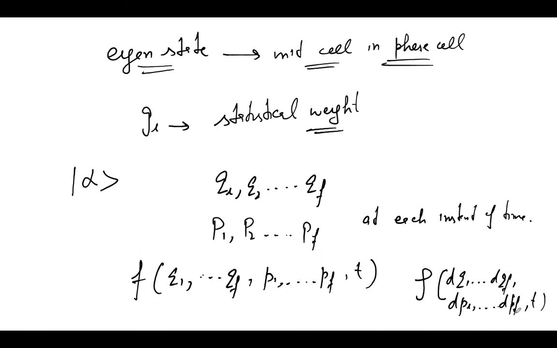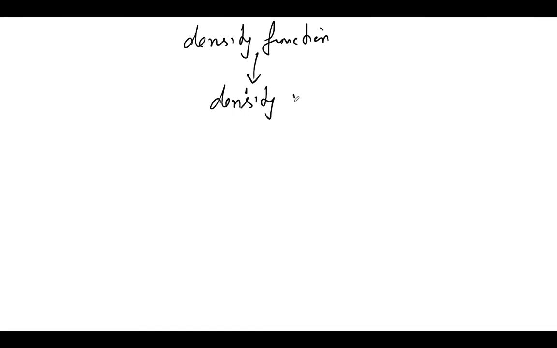The quantum analog of this classical density function is generally known as the density operator, and its representation in matrix form is the density matrix. So the classical density function which we have described in classical statistics is equivalent to the density matrix.